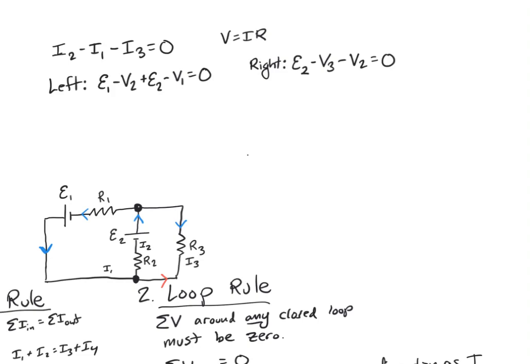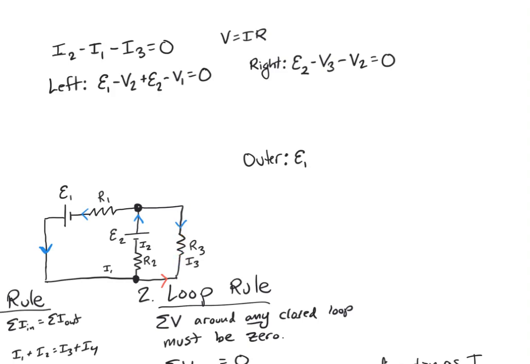Let's write it over here. And our outer loop, let's start by EMF 1 again. I'm going to go in the counterclockwise direction, and that's going to add EMF 1. Then the next time I get to here, I'm crossing R3, but you'll notice I'm going the wrong way.